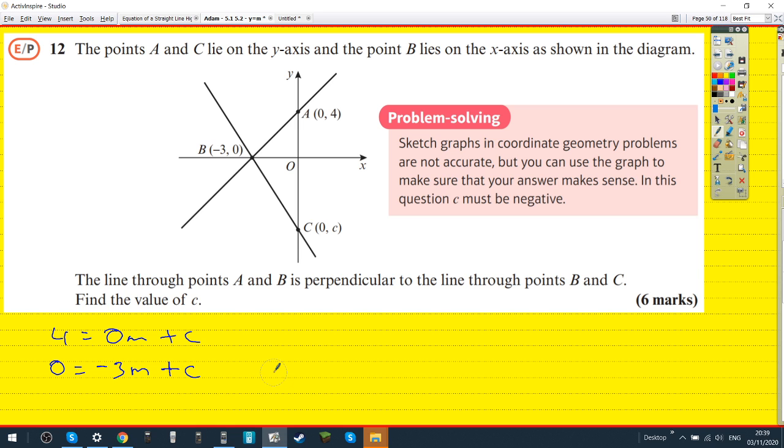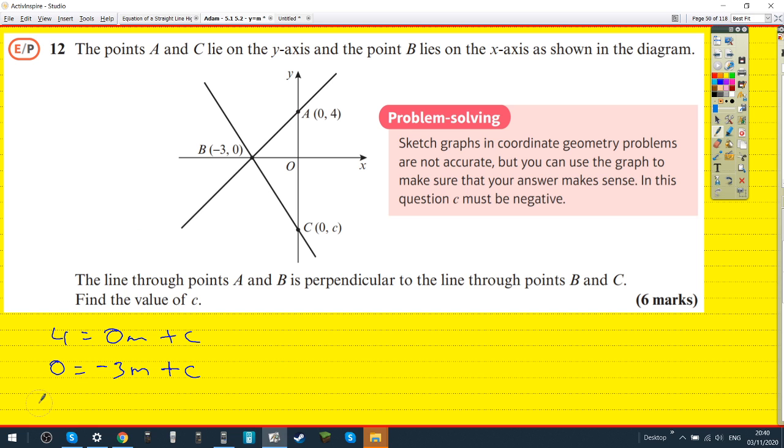Would simultaneous equations work with this? Yep. Okay. So it can be written out as 0 plus c equals 4 and minus 3m plus c equals 0.